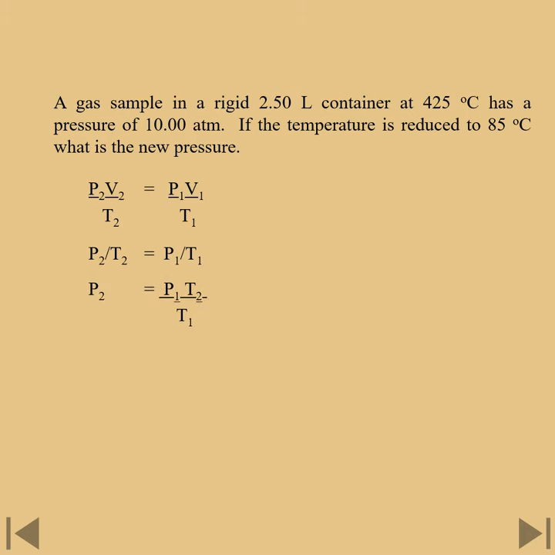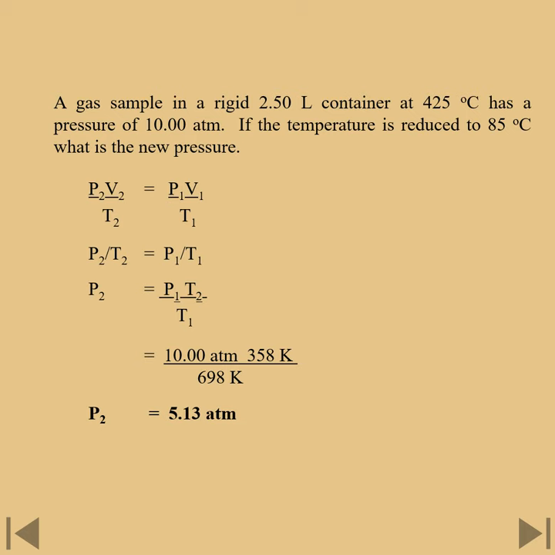Okay, and now find the new pressure. So we multiply out T2. And we have these three variables. Again, temperatures need to be converted into kelvins first. 425 degrees C becomes 698 kelvins. 85 degrees C becomes 358 kelvins. And we're simply adding 273 to our temperature in degrees C to get our temperature in kelvins.